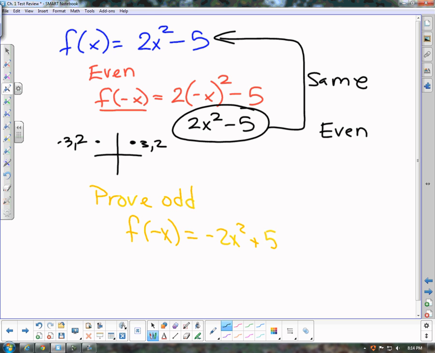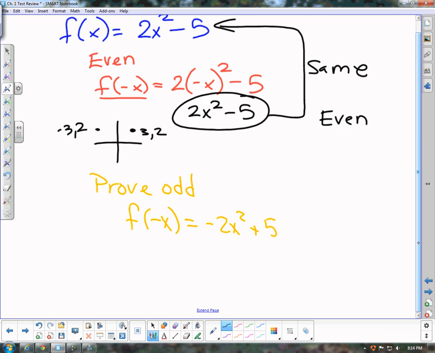Now if you try to turn this around and prove that it is odd, you would still substitute a negative x in.